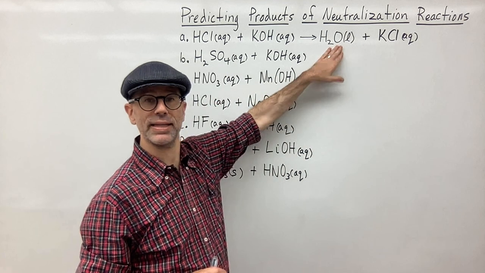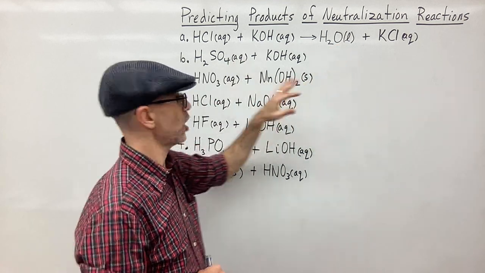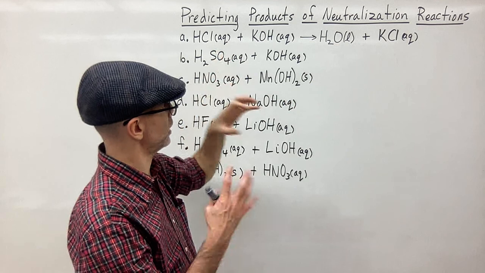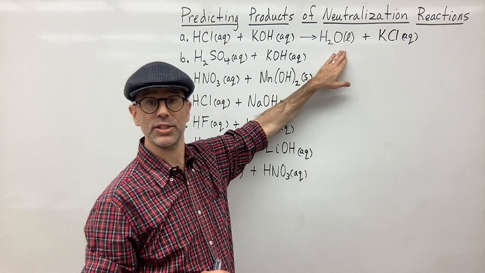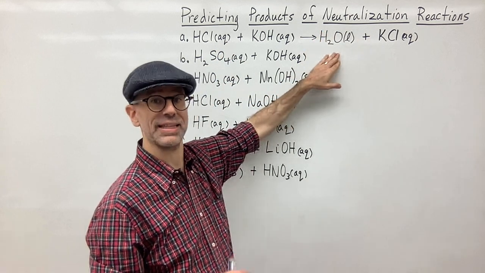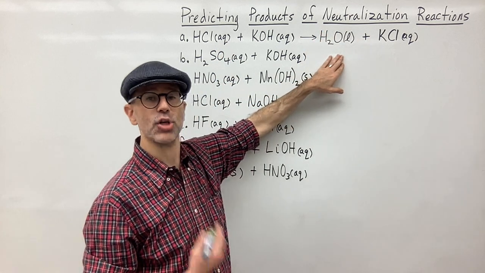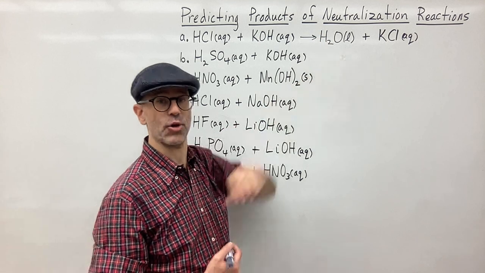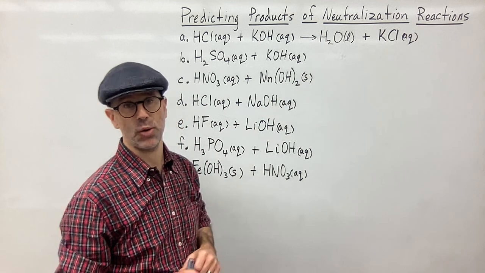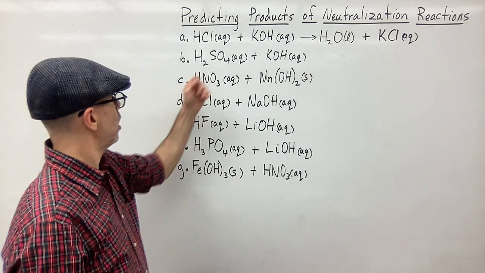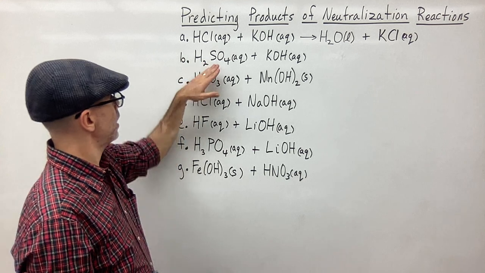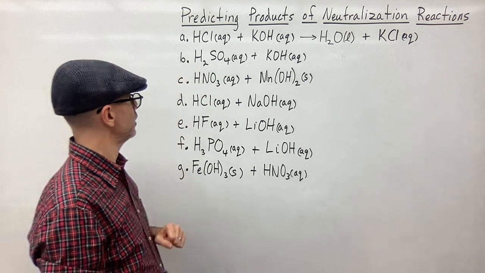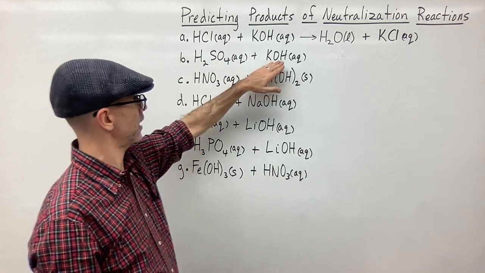Because of the liquid, this is a reaction. So the aqueous solutions come together to form a liquid. And so you are producing something that is not aqueous. So there's a reaction going on here. There's neutralization going on.